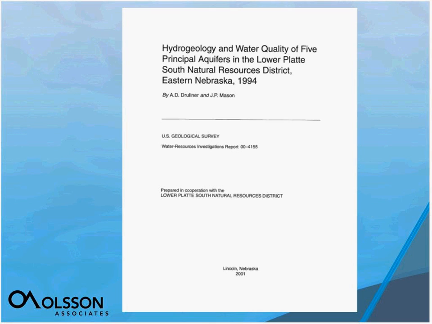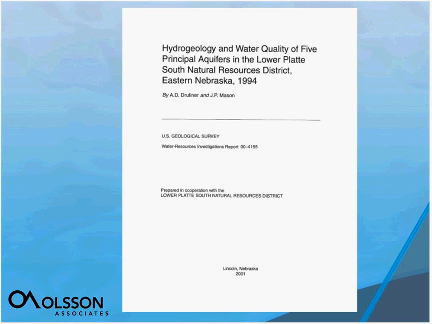So in trying to figure out how to map out all these areas across the district, we recognize that the cross-sections only get us so far. There are only points on the ground in certain areas. The big areas that we were missing. So we looked at some other reports done by the USGS just to the south of the Lower Platte North and the Lower Platte South Natural Resources District.